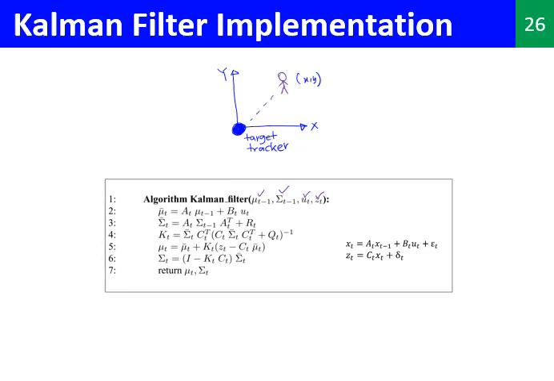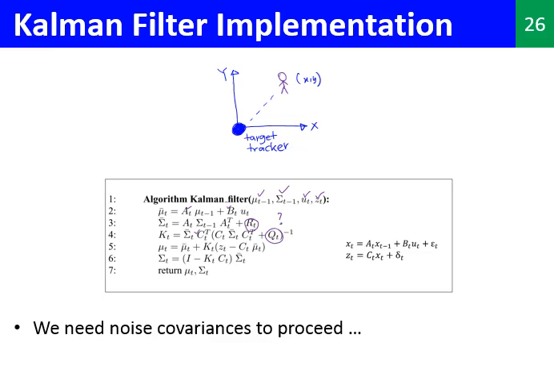Next we identified A and B. Actually, in this example there is no B and U, right? Then we also identified the C matrix. So we only miss R and Q, which are the process and measurement noise covariances.